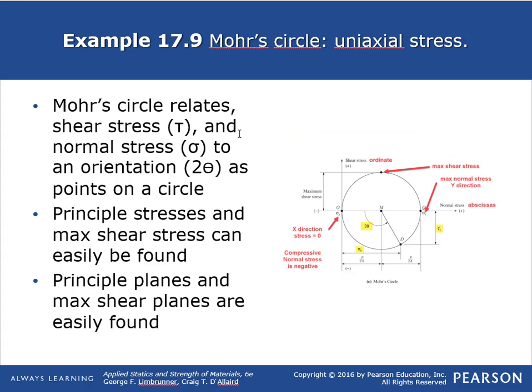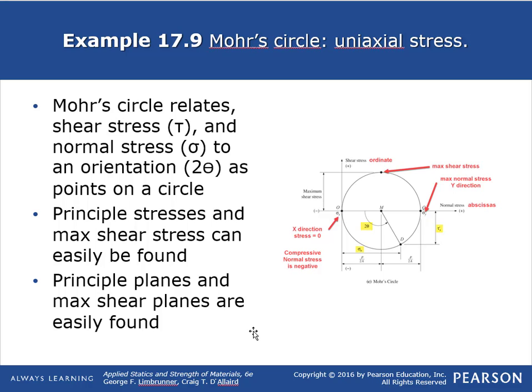Mohr's circle relates the shear stress tau right here, the normal stress sigma right here, and the orientation theta as points on a circle. Principal stresses and max shear stresses can be easily found, and principal planes and max shear planes are easily found by this 2 theta location.